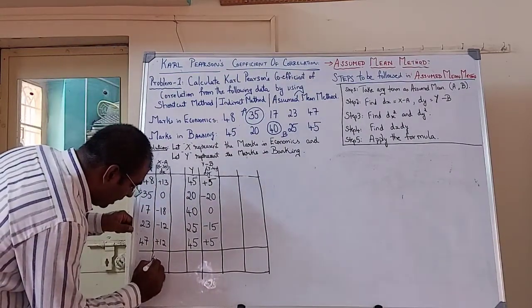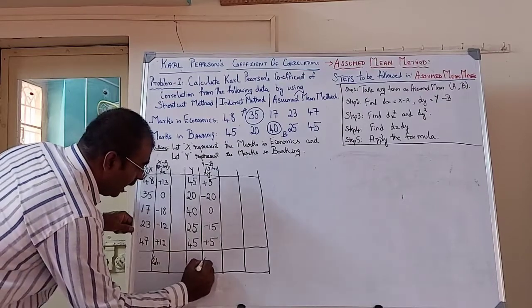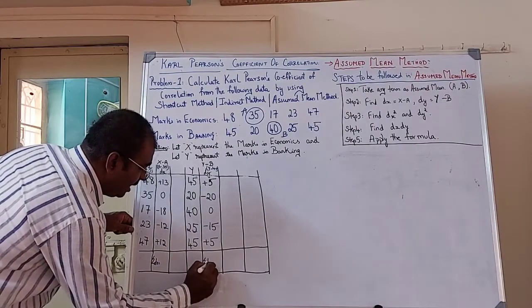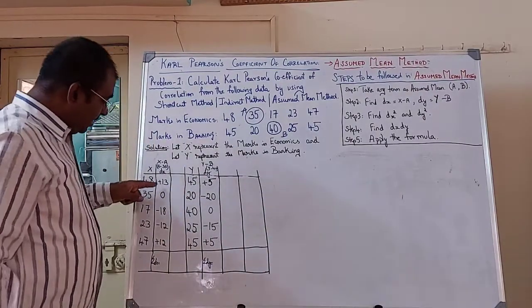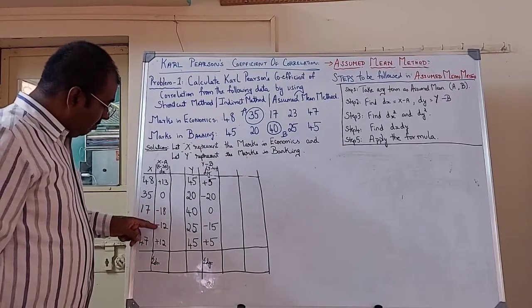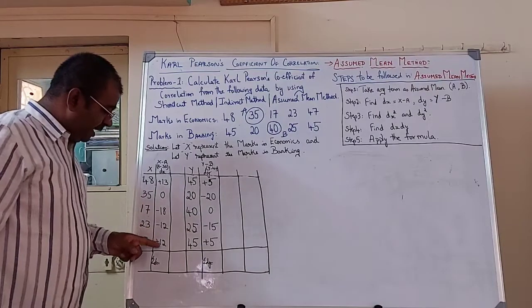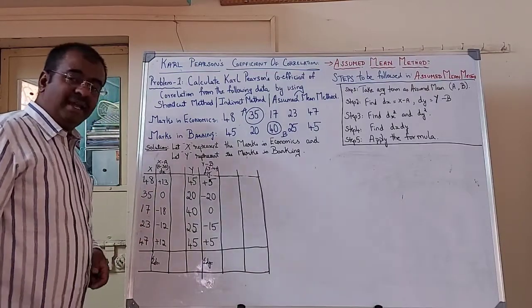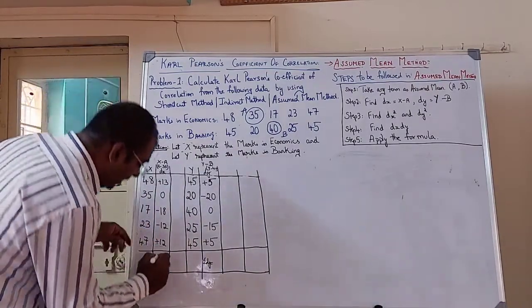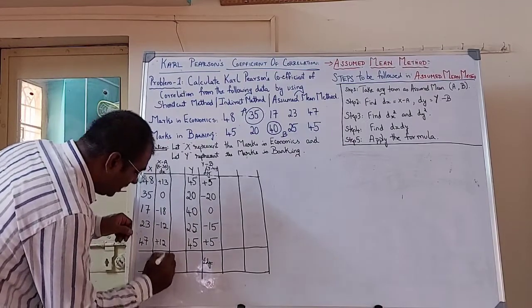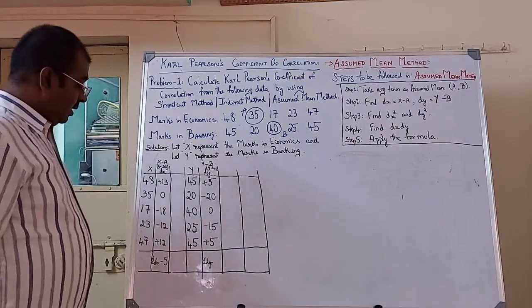What is sigma dx equal to and what is sigma dy equal to? Now sigma dx, minus 18 minus 12 is minus 30, plus 13 plus 12 is plus 25, minus 30 plus 25, what we get is minus 5.